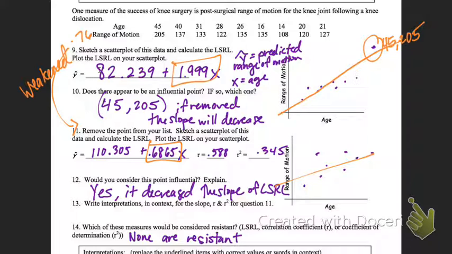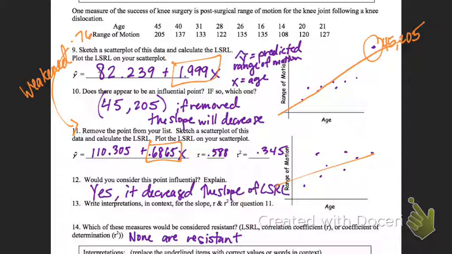For the R, you should have said there is a moderate positive linear relationship between age and range of motion. And for R squared, you should have said approximately 34.5% of the variability in range of motion can be explained by the LSRL between age and range of motion. And then the last one is that none are resistant. They're all affected by extreme values.